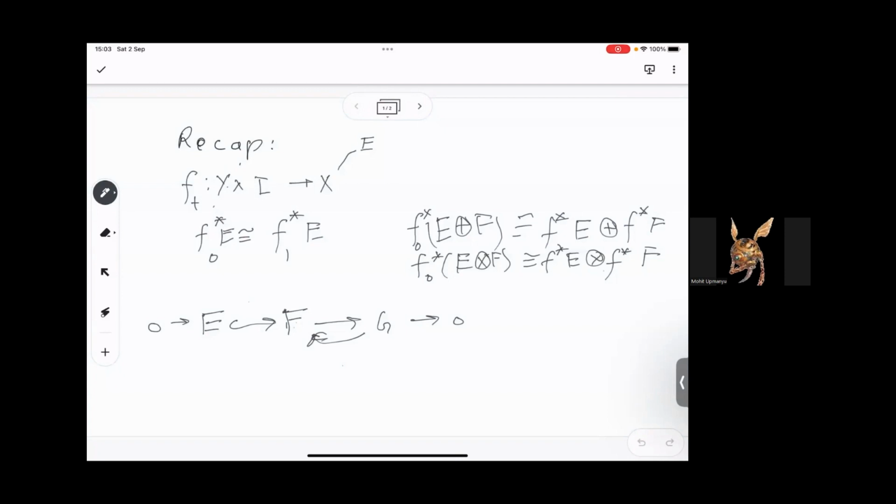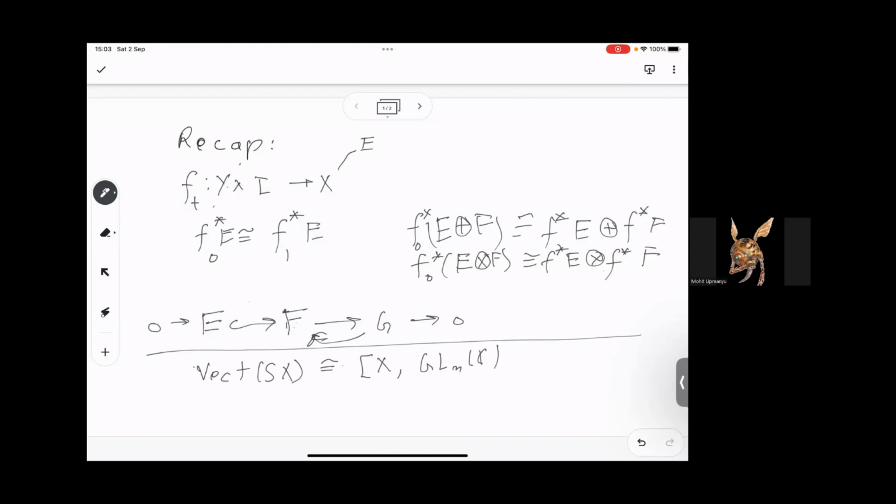So the last thing that we saw: using this homotopy invariance of isomorphism classes of vector bundles, we managed to classify vector bundles on the suspension of X to be [X, GL_N(C)], right?